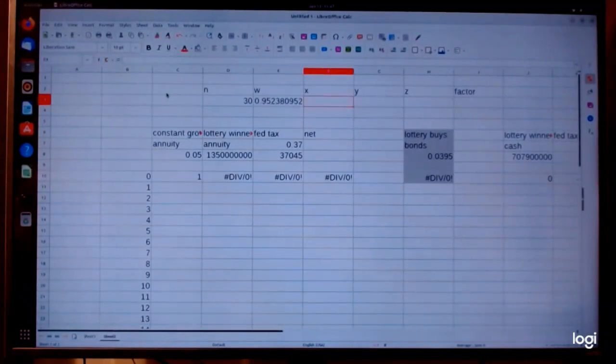And this one is 1 minus 1 plus C8 divided by 1 plus H8. That's our annuity of the bonds. And raise that to the D3.